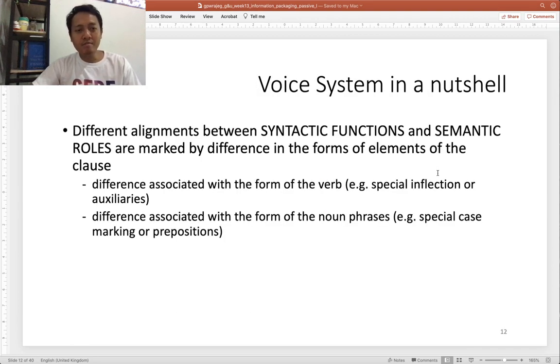As said before, different alignments, active and passive, between syntactic function and semantic roles are marked by differences in the forms of elements of the clause. The difference can be indicated in the form of the verb or in the form of the noun phrases.